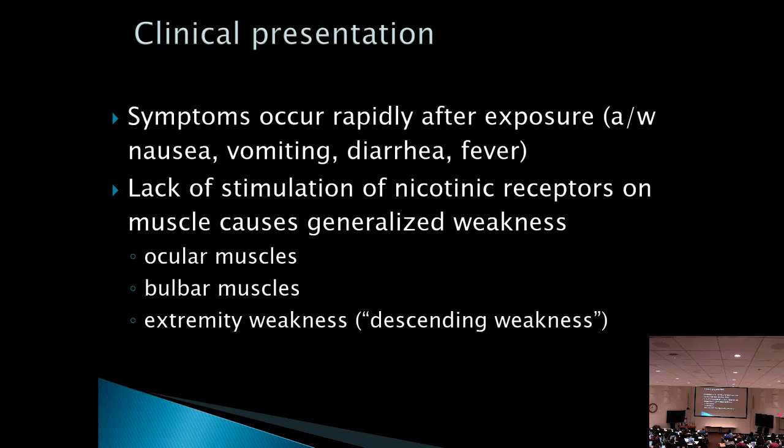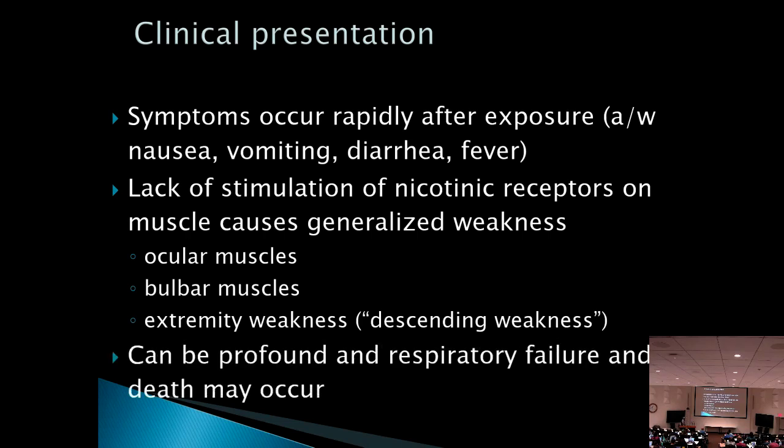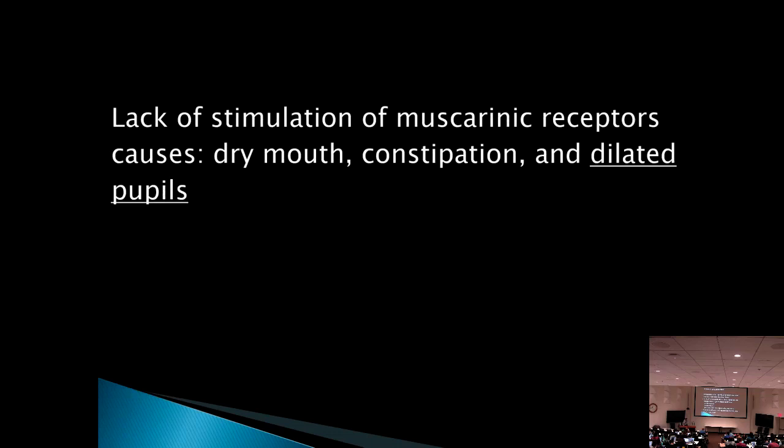So patients initially complain of double vision, droopy eyelids, and then they can't talk and swallow, and then they're getting weak in their arms and legs. Again, this can be quite dramatic, and our biggest concern is definitely that neuromuscular junctions involved in breathing are affected, so respiratory failure is the main cause of death.